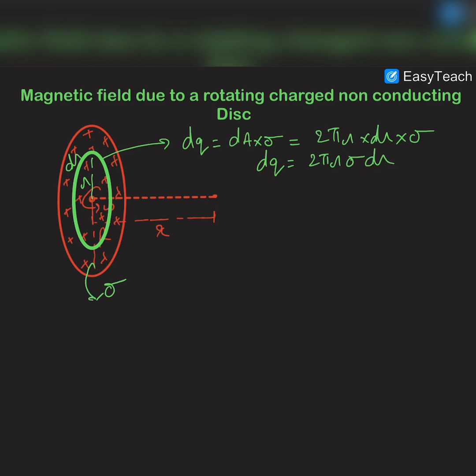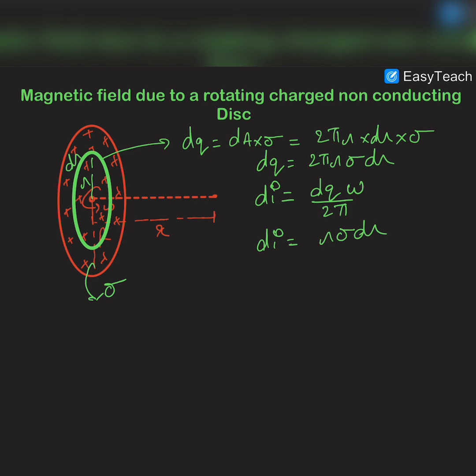This ring will be rotating along with the disk, and therefore we can say that the current that is generated due to the rotation of this charged ring, di, will be dq omega by 2 pi, which is the average current. So di will be equal to omega r sigma dr, cancelling 2 pi with 2 pi.